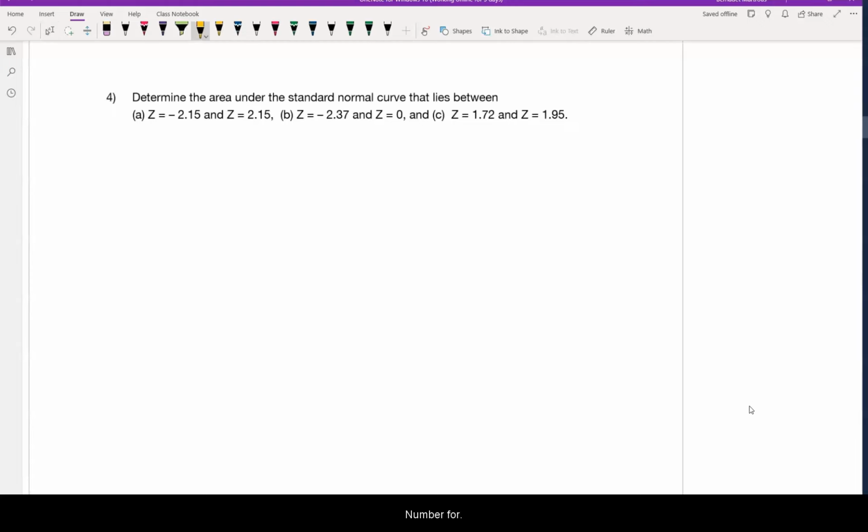Number 4, here it's asking to find area in between these two z-scores. I'm going to work on part A. So in this part I have, between is 0.